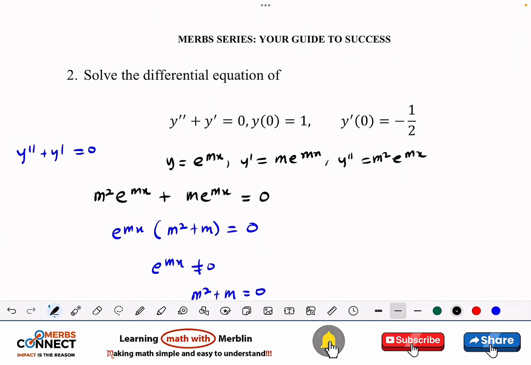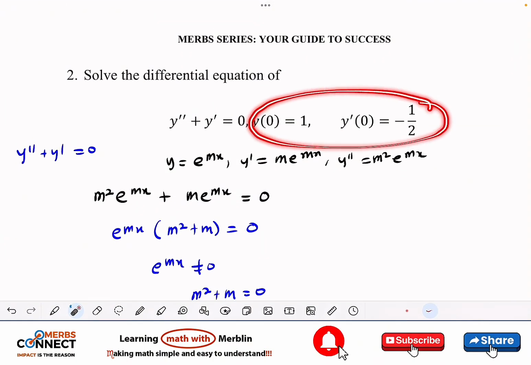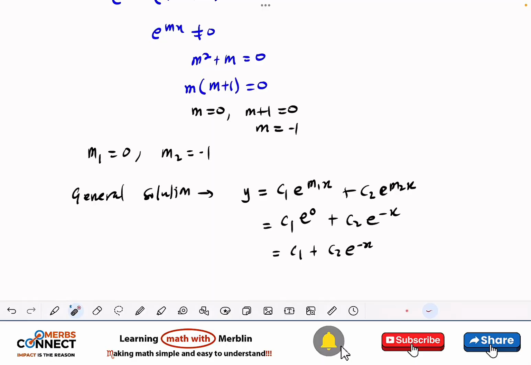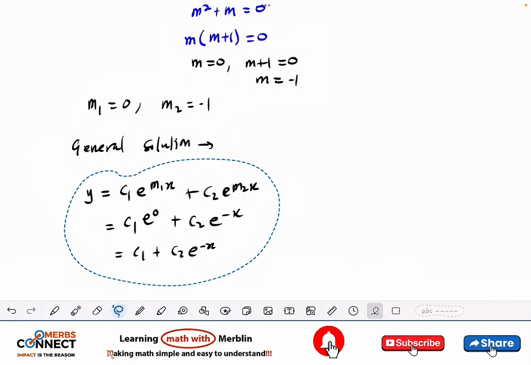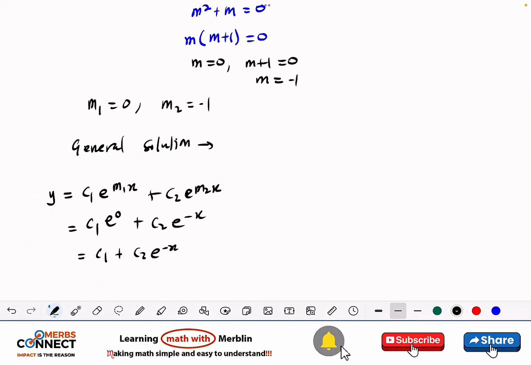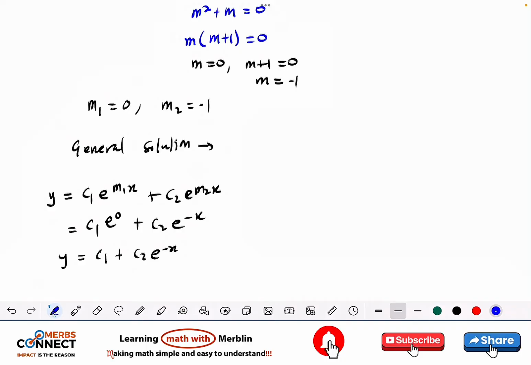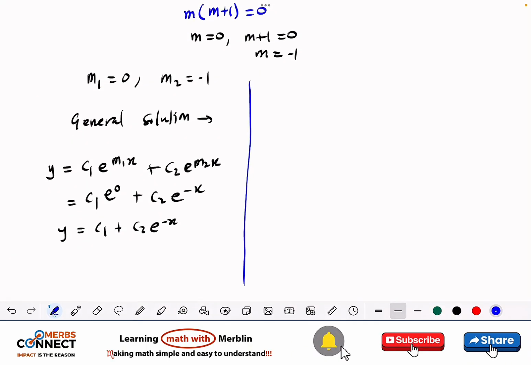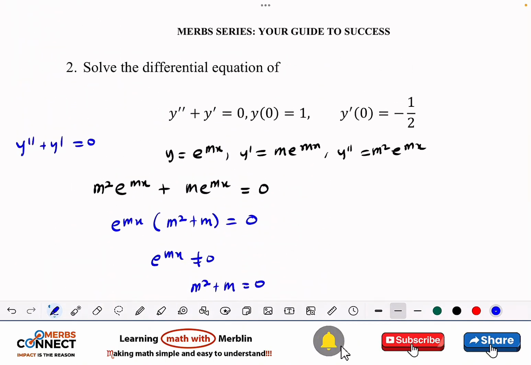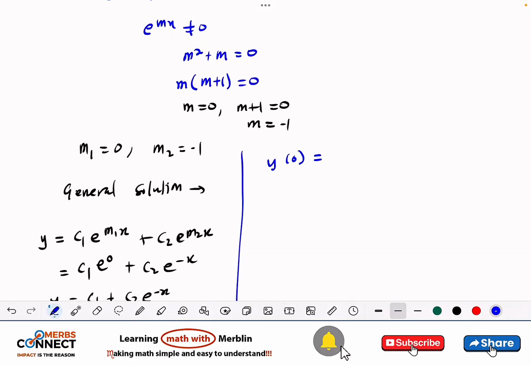Here we have initial conditions, so this will help us to find the particular solution. Let's see how we can use them since we have two of them. The first initial condition: y of 0 is equal to 1.